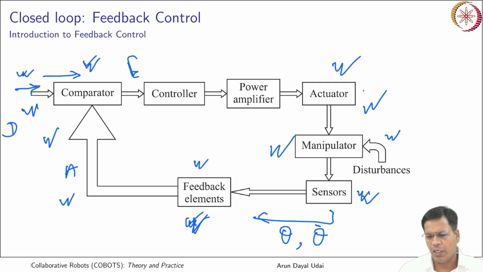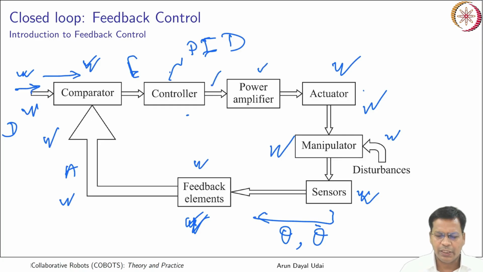If it is velocity control or position control, it is just a state error from the desired one to the actual one, and that error goes to the controller. Controller can be your PID controller or various other kinds of controllers which are there. That controller now gives a signal to the power amplifier.